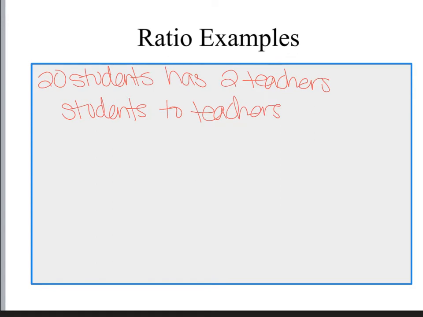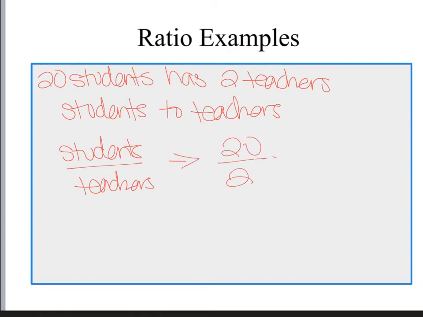I'm going to write this as students over teachers. So that means 20 over 2, or 10 over 1. You can see it as a fraction, 10 over 1, or written 10 to 1.